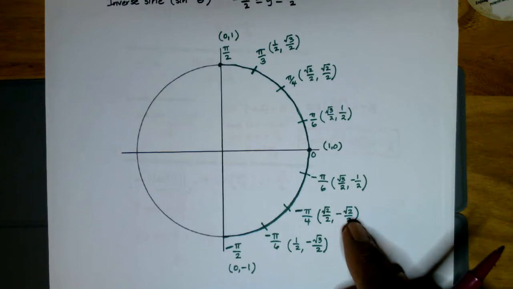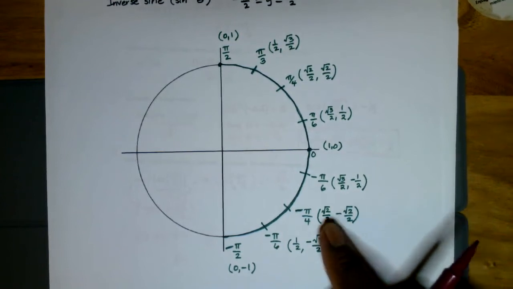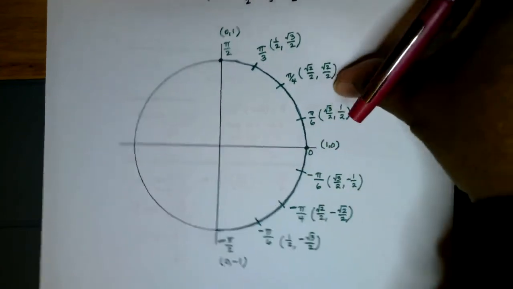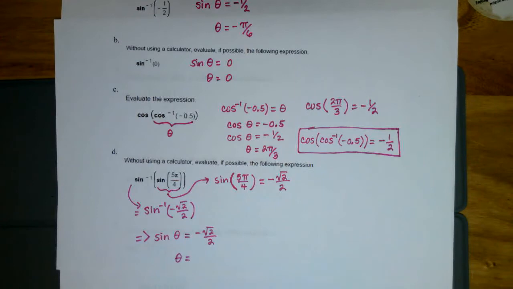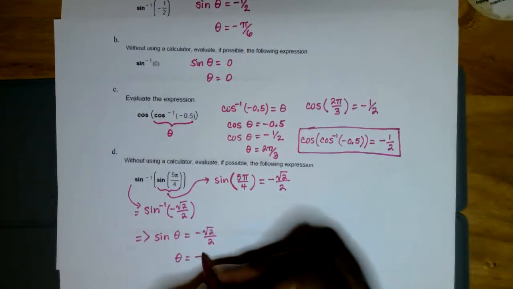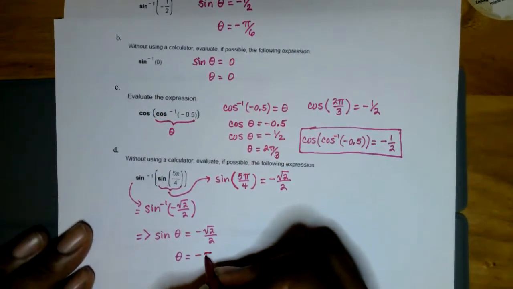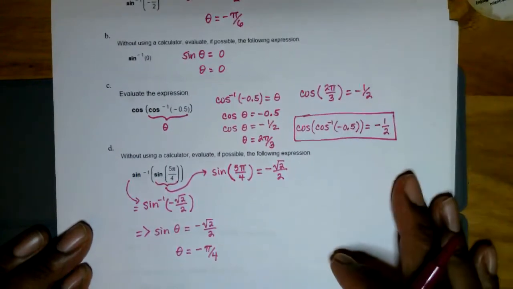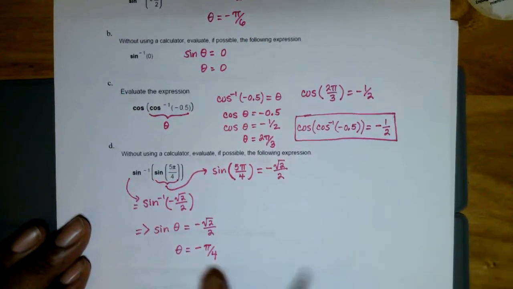And the angle that is associated with negative square root of 2 over 2 for the y coordinate will have to be negative pi over 4. So the angle that I'm looking for will have to be negative pi over 4. That represents the inverse sine of the sine of 5 pi fourths.